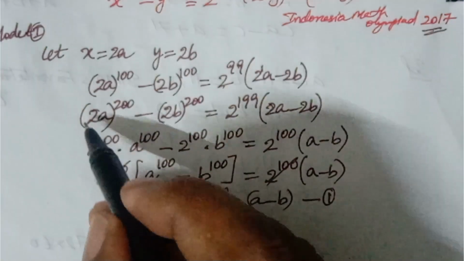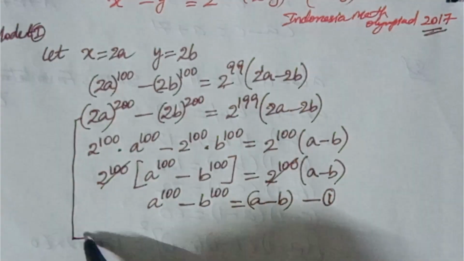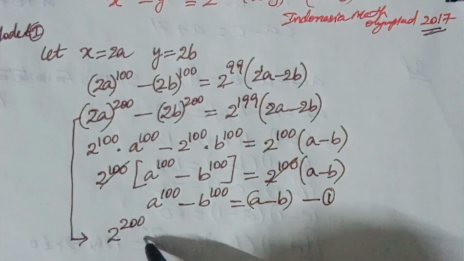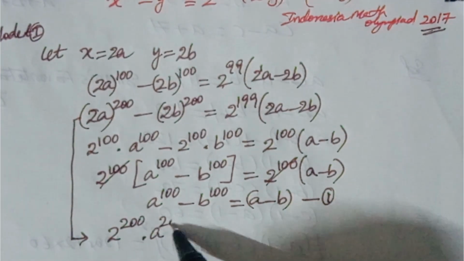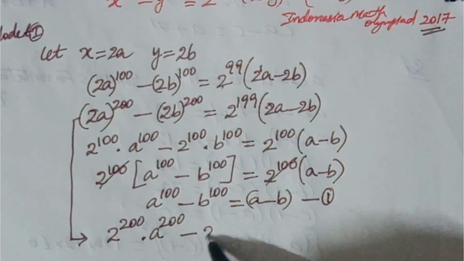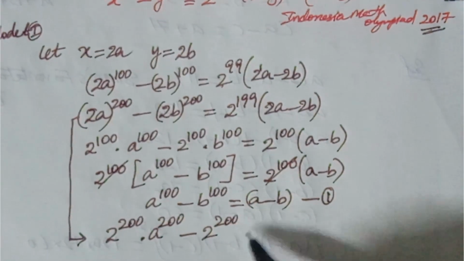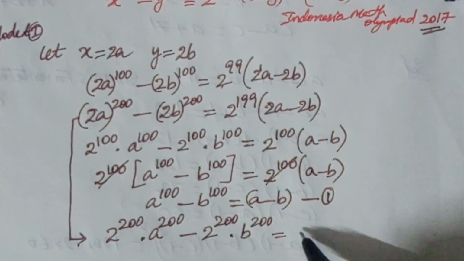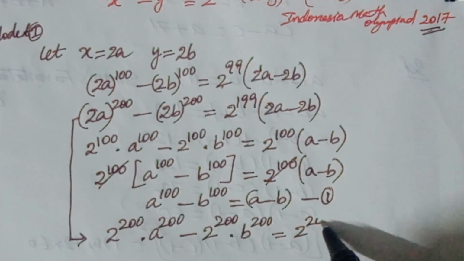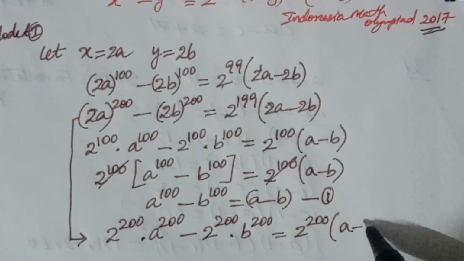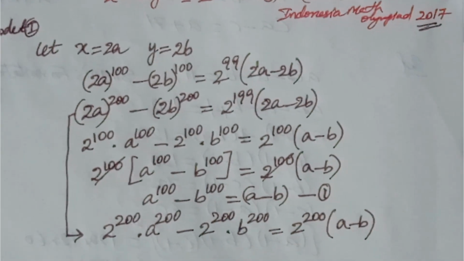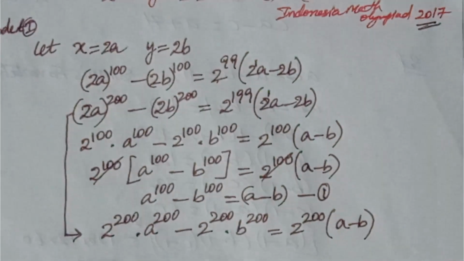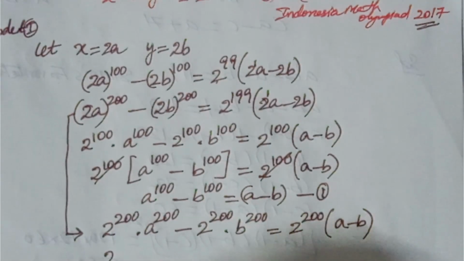Now if you take the second one, this can be written as 2 to the power of 200 into a to the power of 200 minus 2 to the power of 200 into b to the power of 200 is equal to 2 to the power of 200 into (a minus b). In the same process here also, 2 power 199 into 2 power 1 gives 2 to the power of 200.